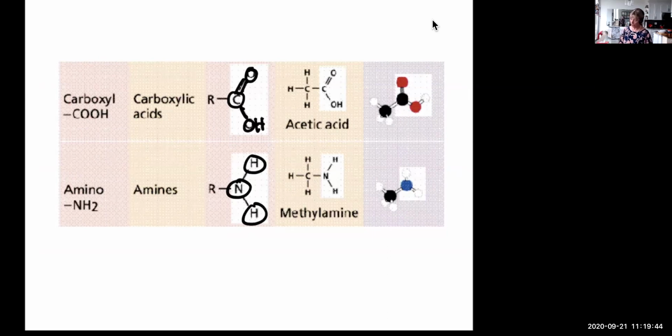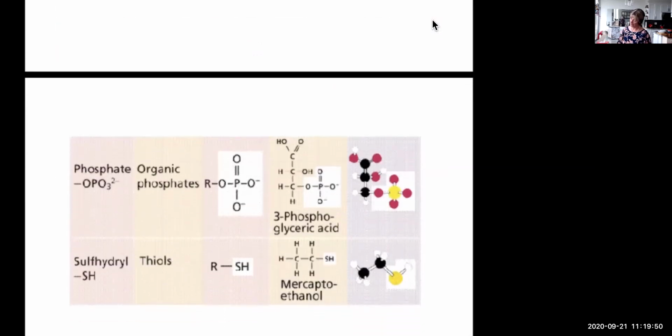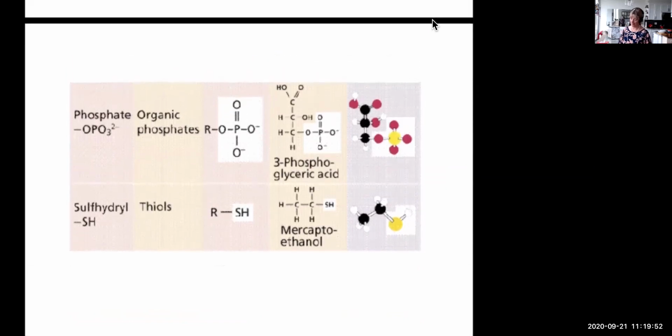So these functional groups have different properties. The phosphate is a functional group. We saw that already in ATP. It has 3 phosphate groups attached to it. So here you can see what it looks like with the central phosphate double bonded to 1 oxygen, singly to 3 other oxygens, which have negative charges.